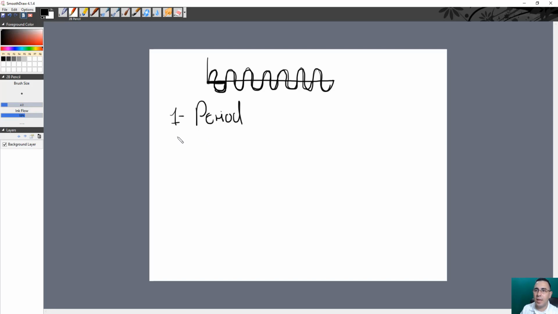Then the next parameter is going to be the frequency, which is basically how many cycles you have in 1 second. So frequency is how many cycles you have in 1 second. For example, if I give you wave A and then wave B right here. This is wave A.